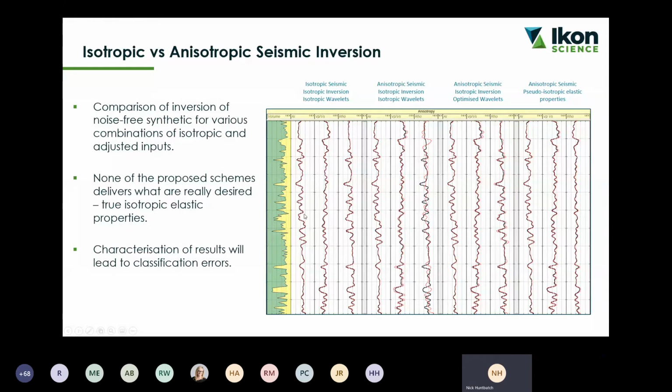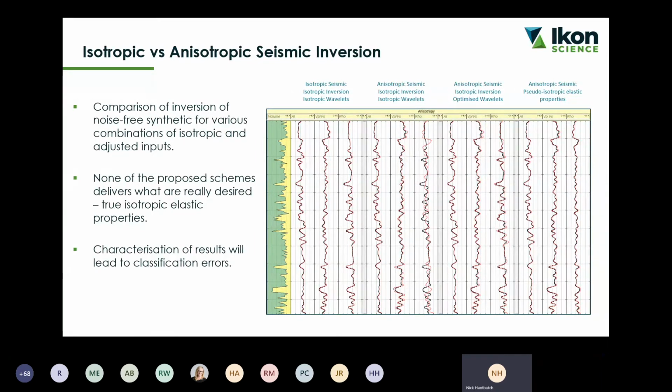That's fine. What we might then do is say, okay, what happens if we had some layering anisotropy in our seismic response, but we didn't account for that in the inversion or the wavelets? Of course, this isn't a realistic real-world case, because the wavelets themselves, if they're estimated from the seismic data and it's anisotropic, will always to some degree capture that.